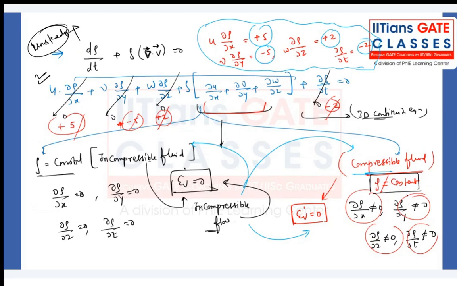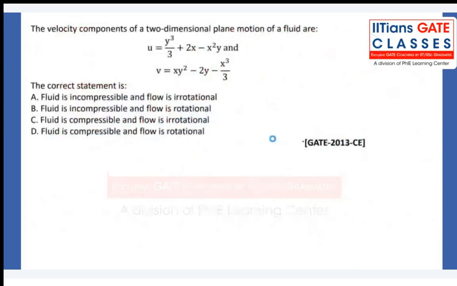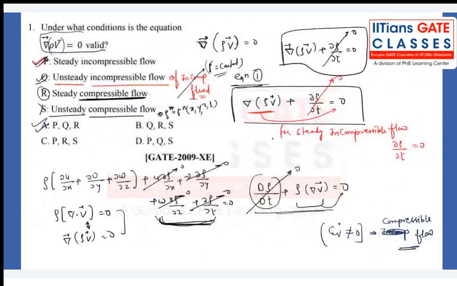This rarest possibility they have neglected in the GATE examination, because if you see the options, you will get confused. Incompressible flow means what? Okay, steady means we can validate this equation. But the second statement, incompressible flow, means two cases: compressible fluid and incompressible fluid. Then what do we have to think?